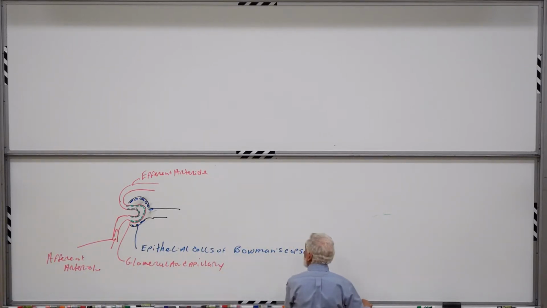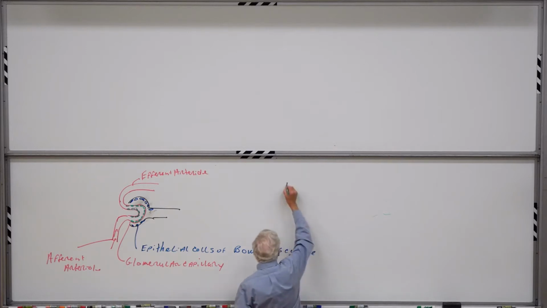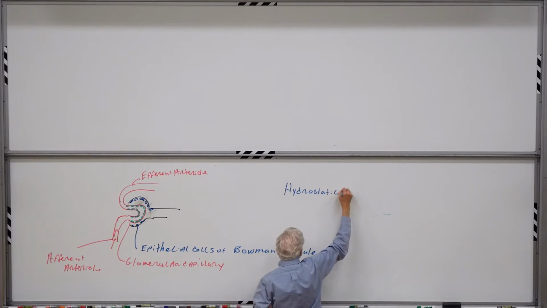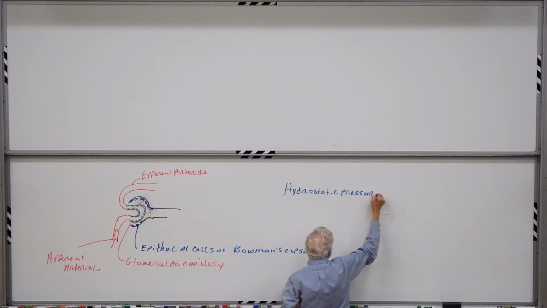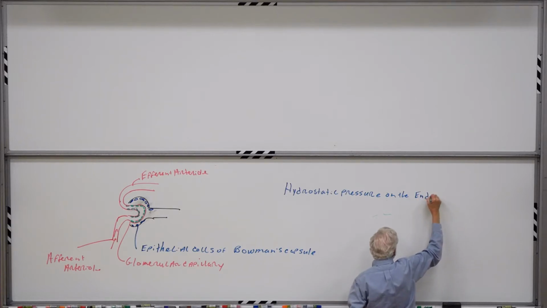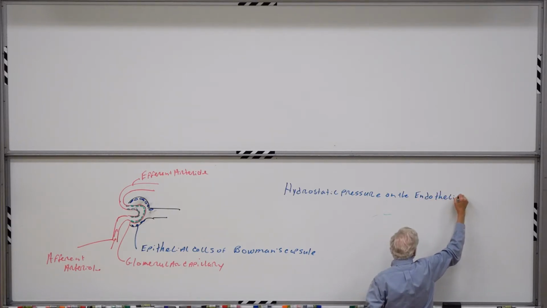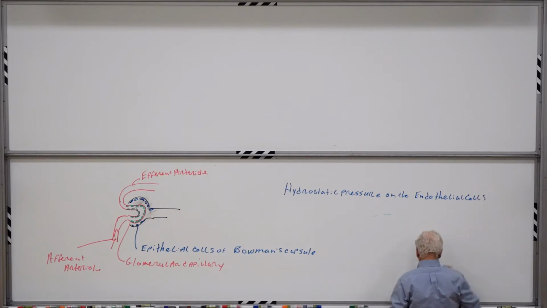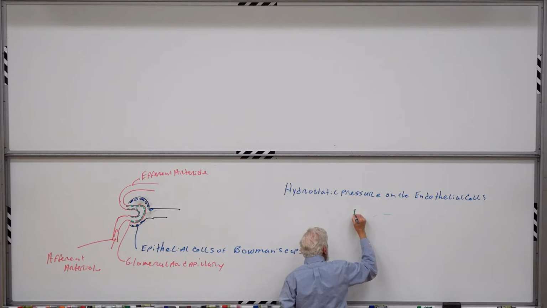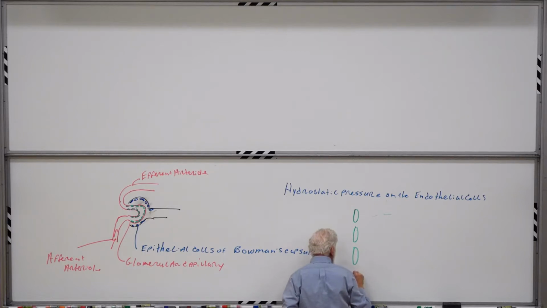But from yesterday, you'll remember that there is a hydrostatic pressure on the endothelial cells. And we said that those endothelial cells are not entirely like the endothelial cells we've seen before, where they're closely opposed to one another and knitted together by tight junctions.